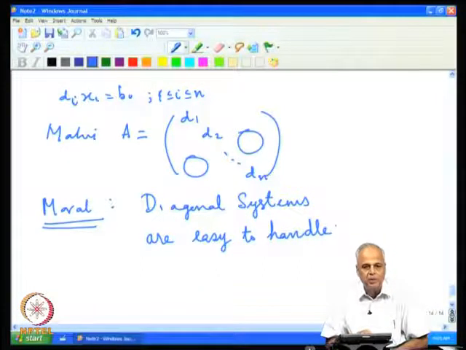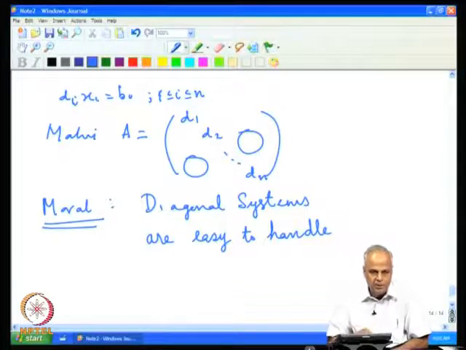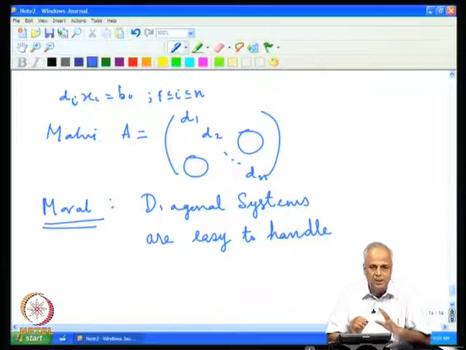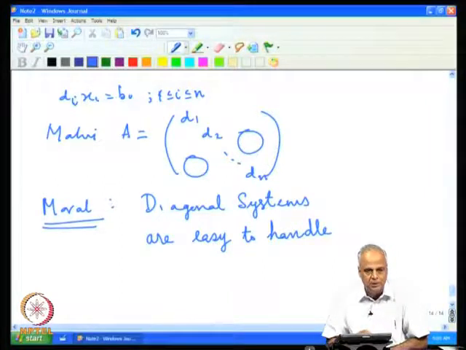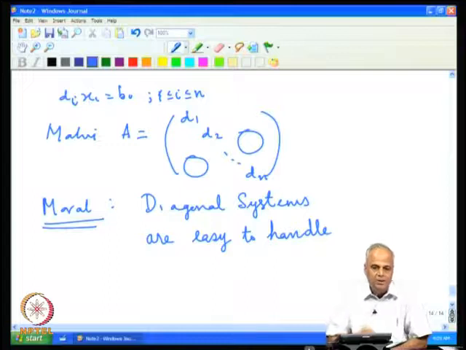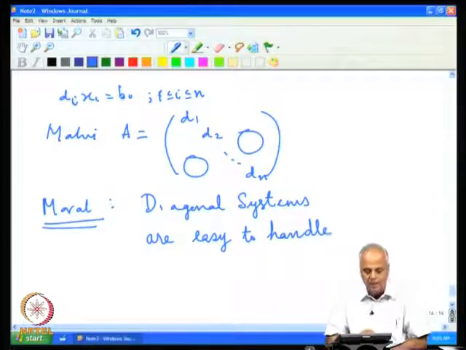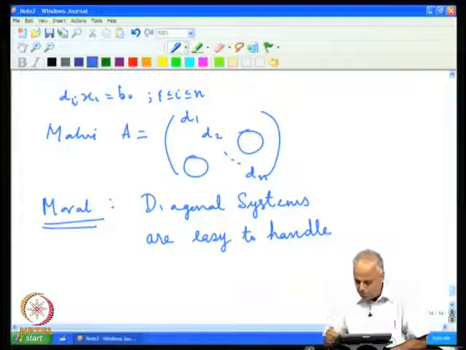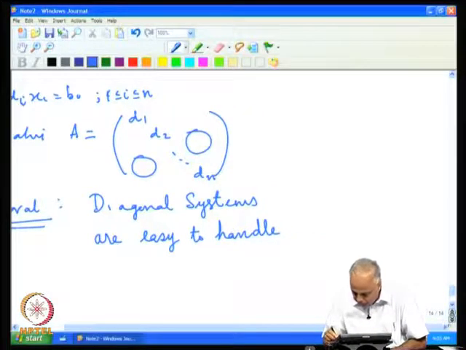So, let us put it that way. Therefore, diagonal systems are easy to handle. We will be discussing this one more time in greater detail, in more rigorous language, but as a simple motivation we have seen that when a system is diagonal, it is easy to handle. Almost all the questions come out, the answers come out fairly straightforward.